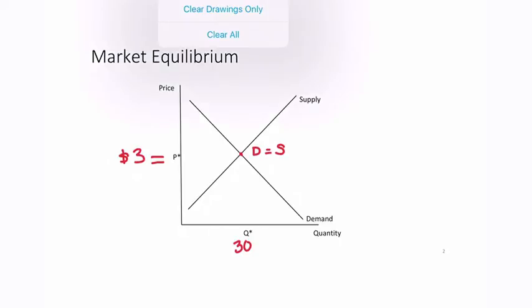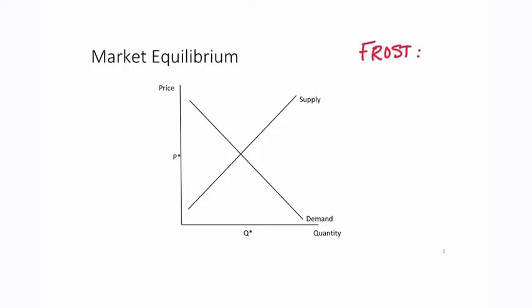So now we want to think about a situation where what happens if we have a frost in Florida, and this causes a ruin of orange groves. So let's think back to factors that would cause a shift in demand or a shift in supply.